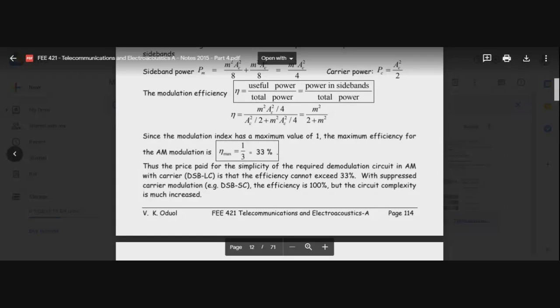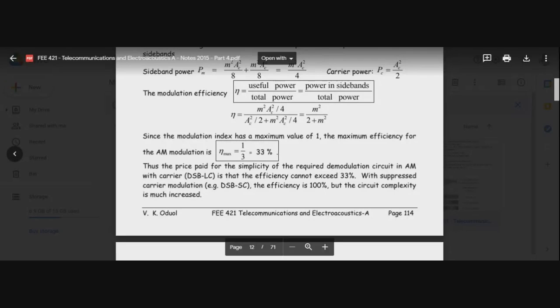So that's the best that you can do when you have amplitude modulation with the carrier. And by the way, some people call it amplitude modulation large carrier. So you can see in the text below that we have LC, or large carrier. The efficiency cannot exceed 33%.